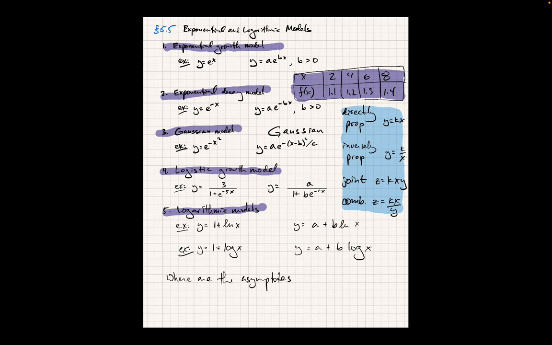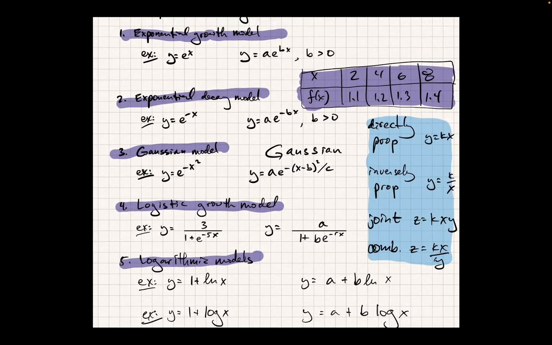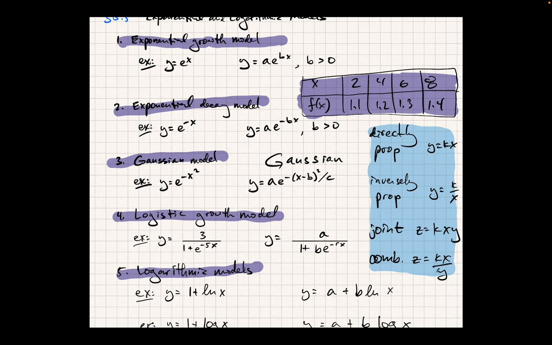So let's go back to our 6 graphs, and let's say what the asymptotes are. You have your 6 graphs here for your exponential and logarithmic models.